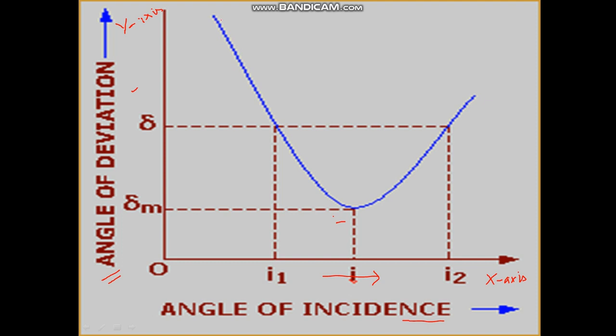So see this, as the angle of incidence is increasing, angle of deviation is continuously decreasing, and it has reached a minimum value. Can you see? This minimum value we have represented as del m, and this is for a particular value of I, and then angle of deviation starts increasing again with the increase in the value of angle of incidence.